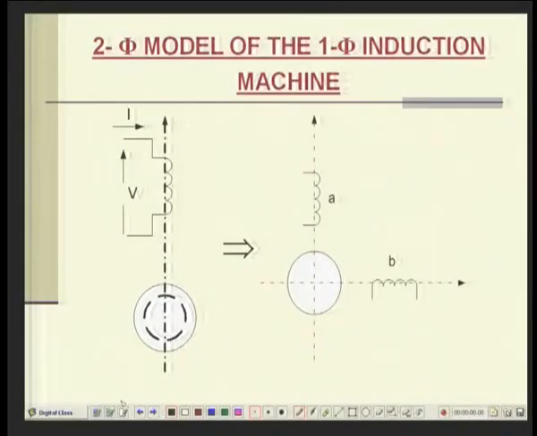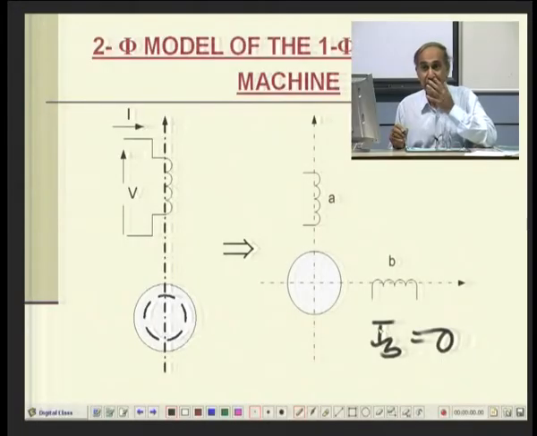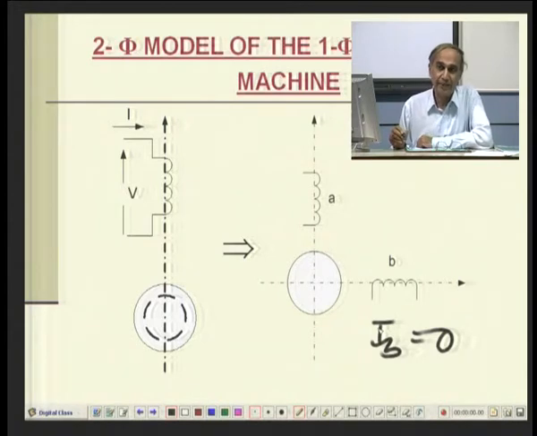Okay. Then if you take the 2 phase model, because we said one student in the class is equal to 3 students, 2 are absent, or it is also called 2 students are there, 1 is absent, right. So, the effect is the same. So, one winding is also equal to 2 windings with this IB equal to 0. It can also be considered as a 2 phase balanced machine with one winding carrying no current, agreed. Okay.